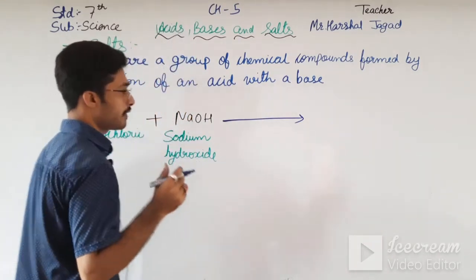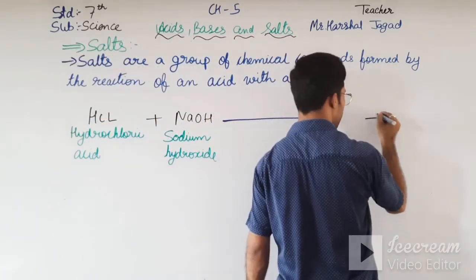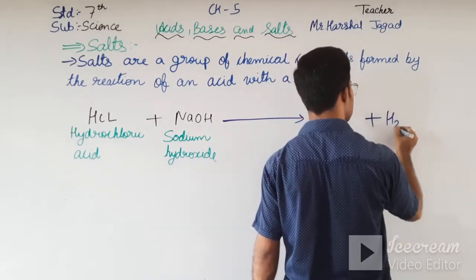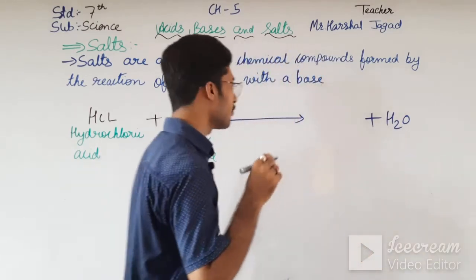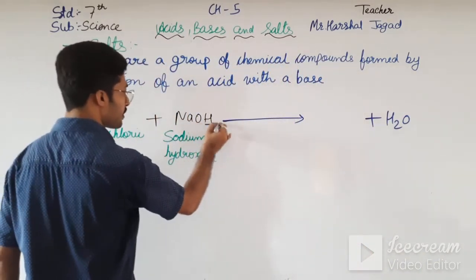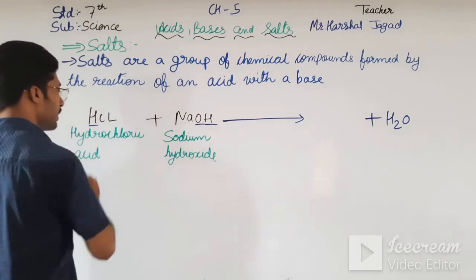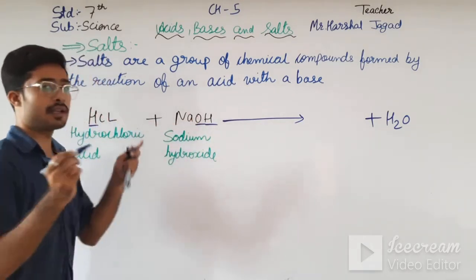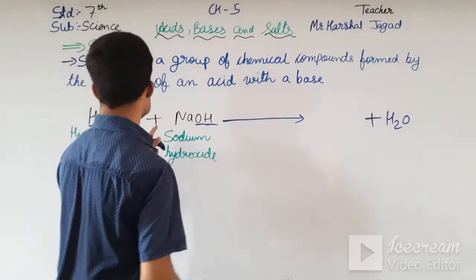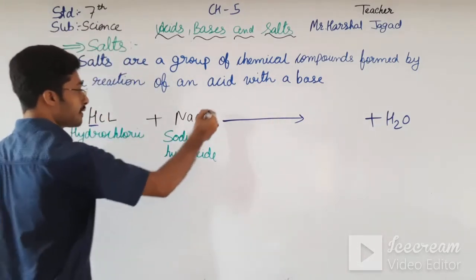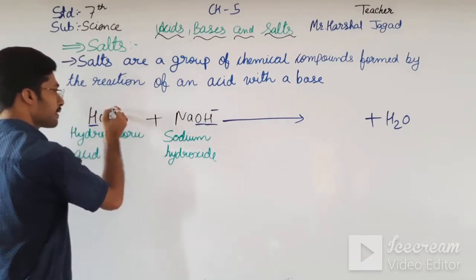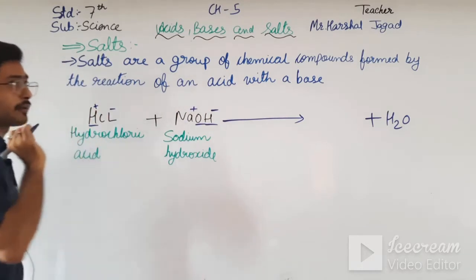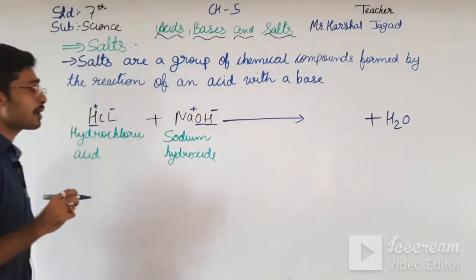See here, first of all, at last what we get, that is water. So how is the water molecule formed? H2O, that is water. So here 1H, 1O, and from here 1H. So we get the H2 plus O, the remaining we have to write over here. So here it is negative, here it is positive, negative, positive, negative. So what will happen?